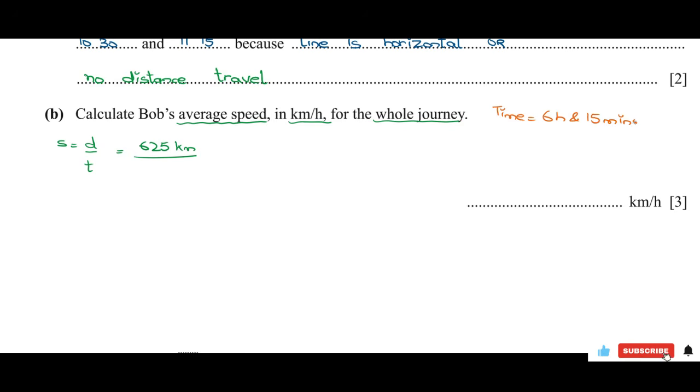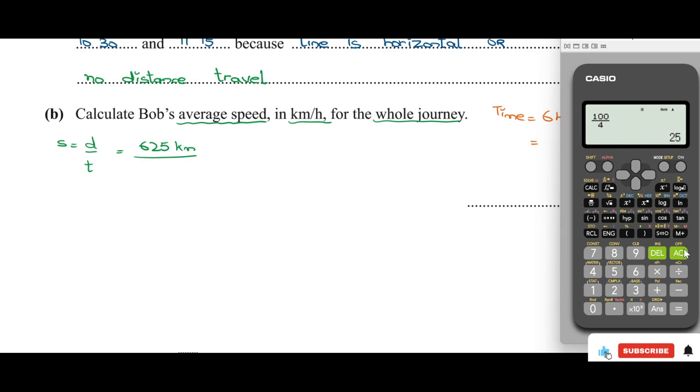How can we write this in hours? Okay, use a calculator. 6 hours, this is the hour button, right? And 15 minutes. In terms of decimals, 6.25 hours.